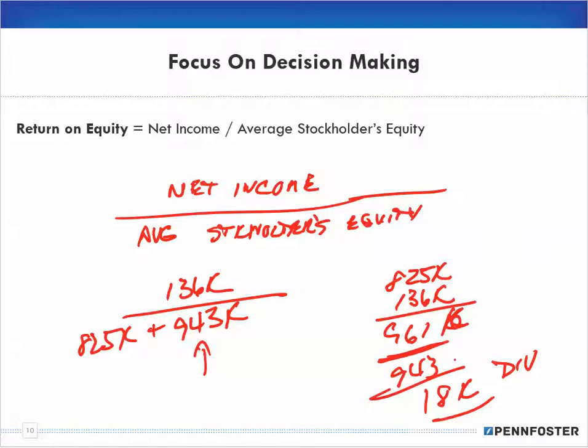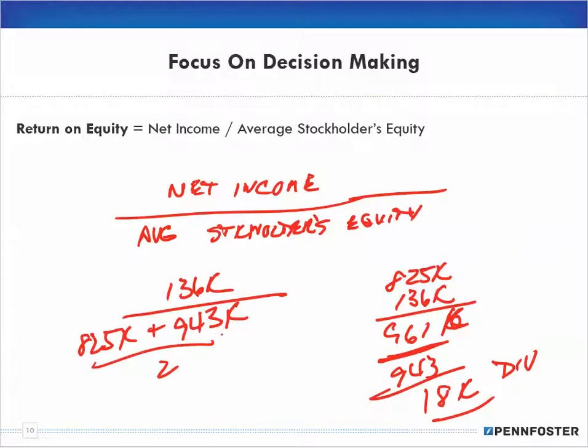Notice what I did. I took my beginning, and now this is something you're not getting in the book here, but just follow along. If you understand the overall concept, you can work through all of this. You're not seeing this in the chapter. I could have just simply said, okay, I have 825 as the beginning, 943,000 as the ending.